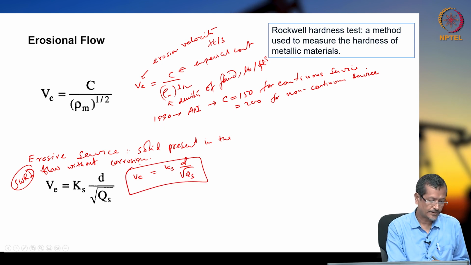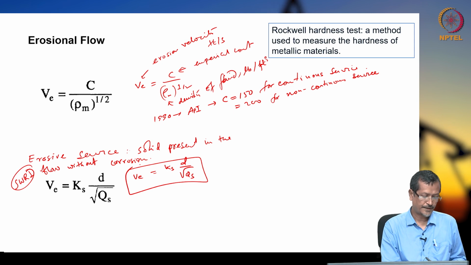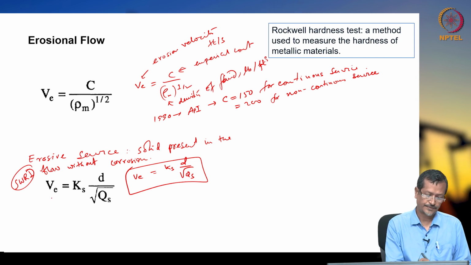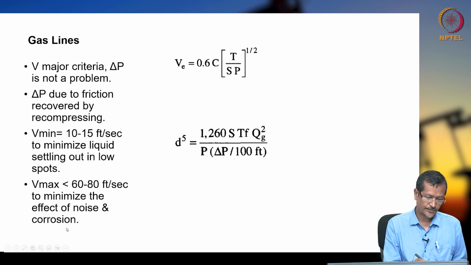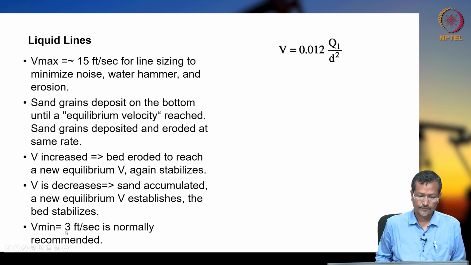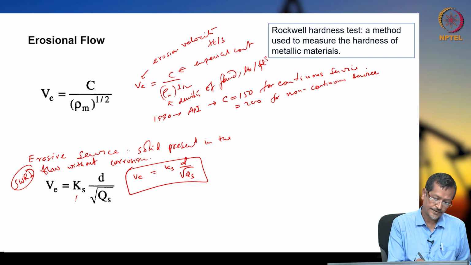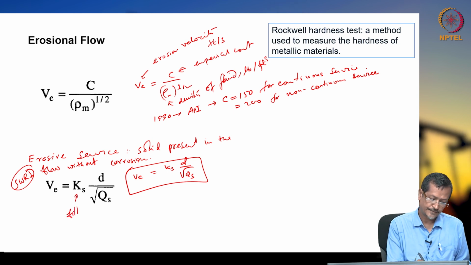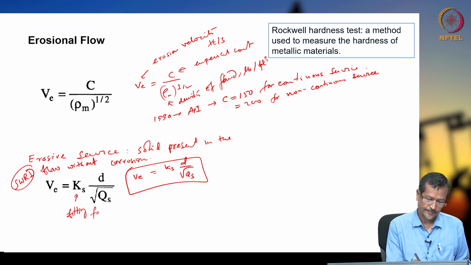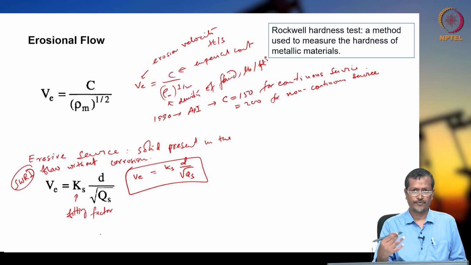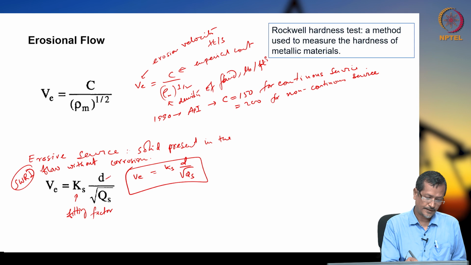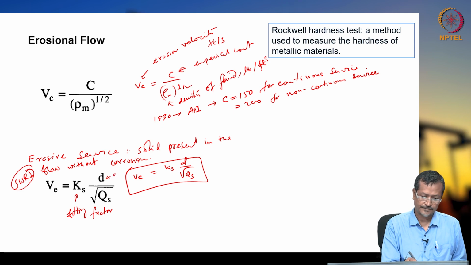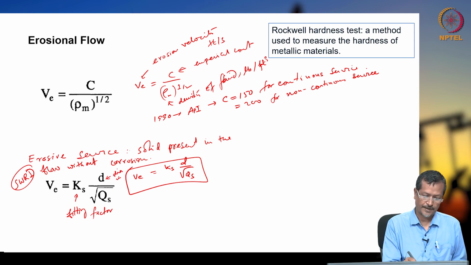For erosion, the erosional velocity can be determined by the above equation. Okay, this is called erosional velocity VE. KS is a fitting factor, so it will be obtained from a certain table. Okay, D is the pipe inside diameter in inch.